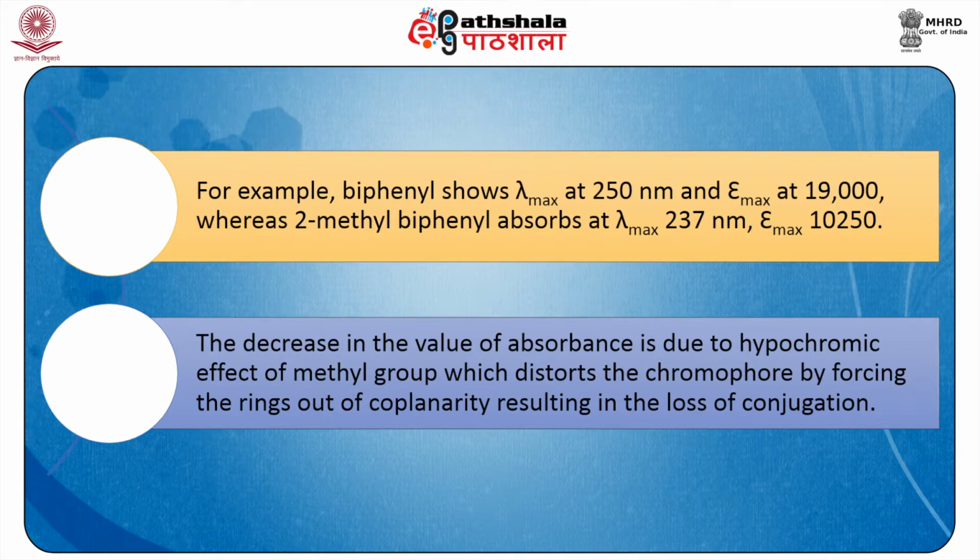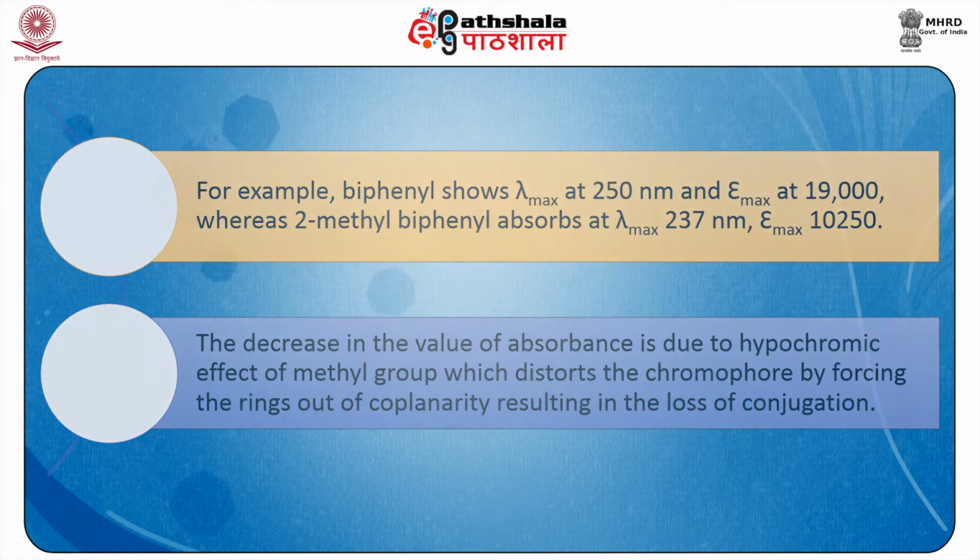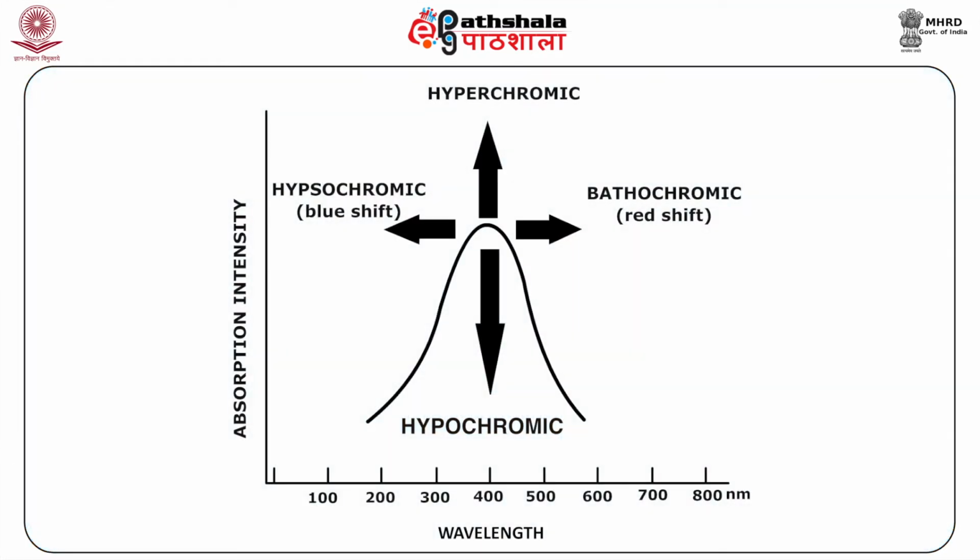The decrease in the value of absorbance is due to the hypochromic effect of the methyl group, which distorts the chromophore by forcing the rings out of coplanarity, resulting in the loss of conjugation and hence a decrease in lambda max. This is clearly shown in the figure, as you can see.